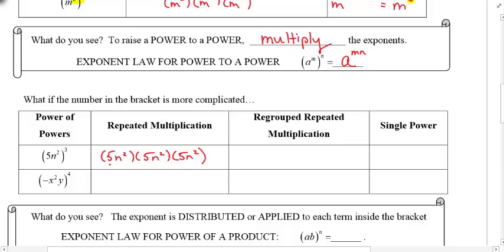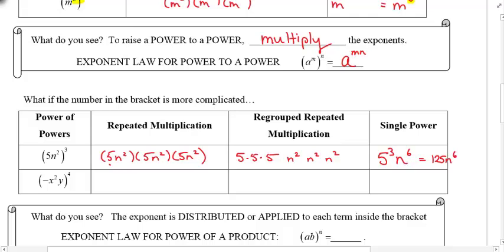I'm going to group the numbers together. So 5 times 5 times 5. I'm going to group the n's together. N squared, n squared, n squared. And as a single power, notice we have 5 to the power of 3, and we have n to the power of 2 plus 2 plus 2 is 6. Or if you like just writing numbers, 5 cubed is 125, n to the power of 6.